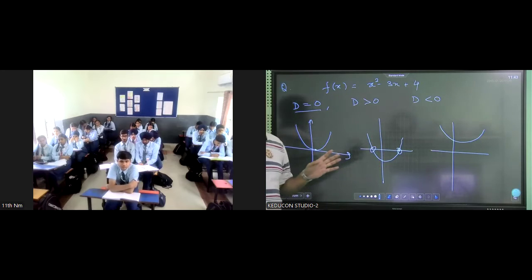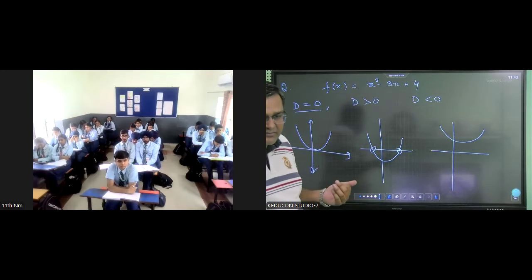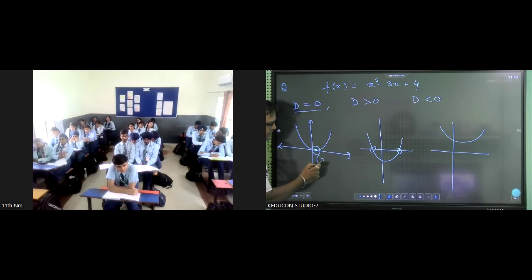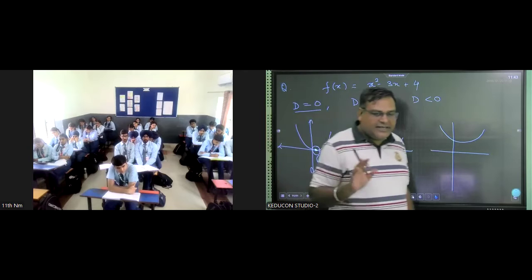Now, if you have to find the range of this, right? आपको अगर ग्राफ बनाना आता है बच्चों, तो range can you find out? What will be the range of this function? If you know this point, if you know the coordinate of, let's say, this point, can you find out the range?